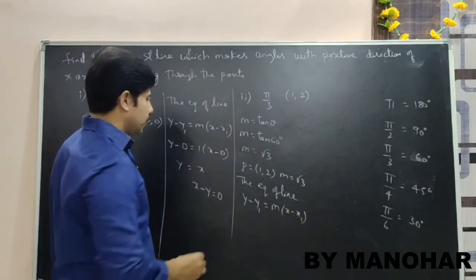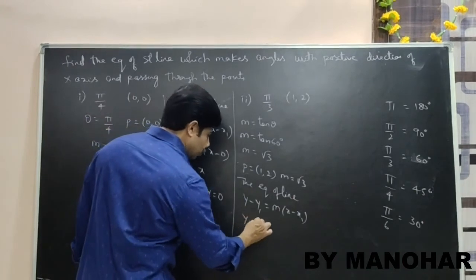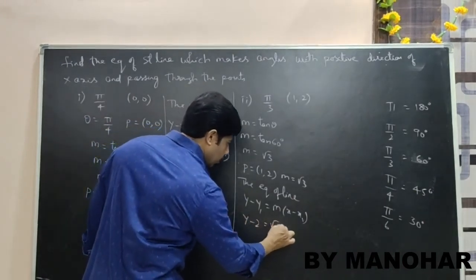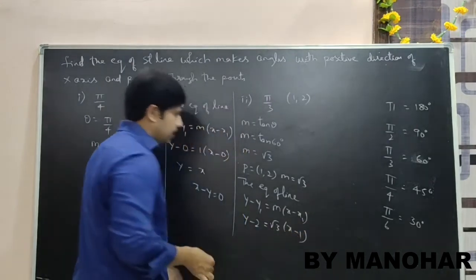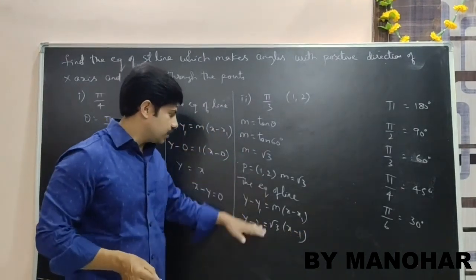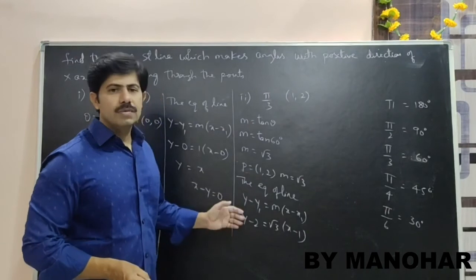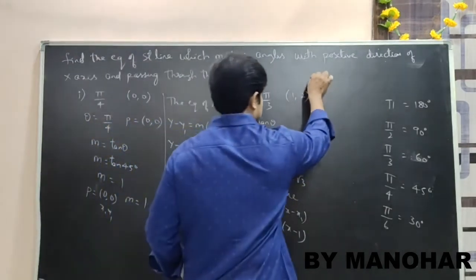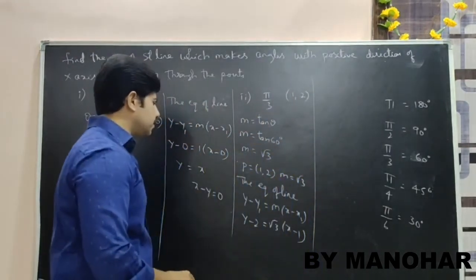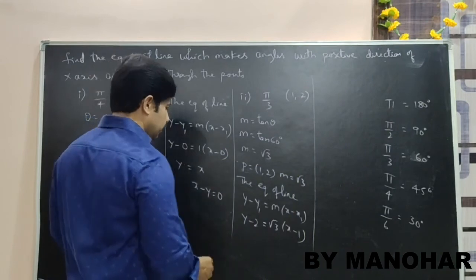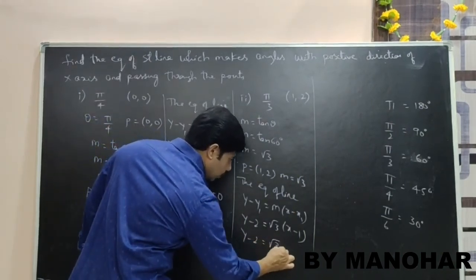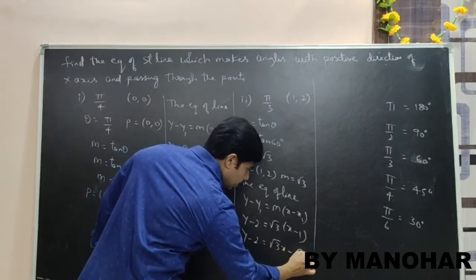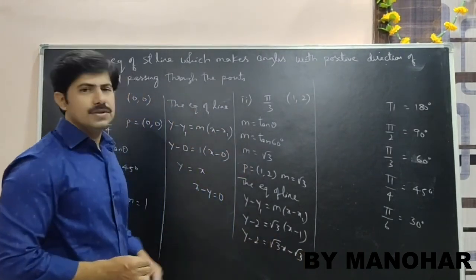So now y minus 2 is equal to root 3 into x minus 1. This is x1, y1 substituted, m also substituted. Now we'll simplify this. If we simplify, what do we get? y minus 2 is equal to root 3x minus root 3.